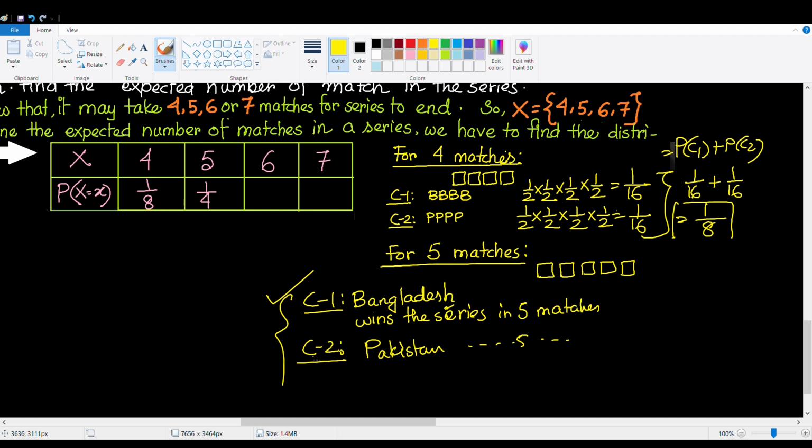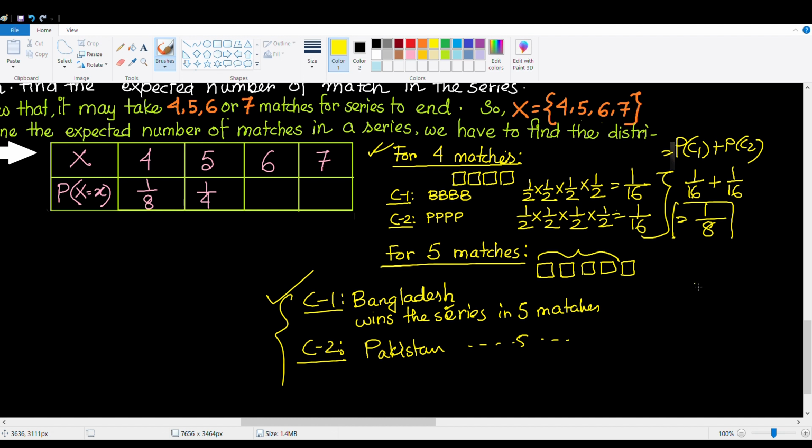Now, if we want the series to last 5 matches and Bangladesh to win the series, then among the first 4, Bangladesh needs to lose 1, right? Otherwise, the first 4 consecutive wins will end the series within 4 matches, right? We don't want that because we calculated the probability here.